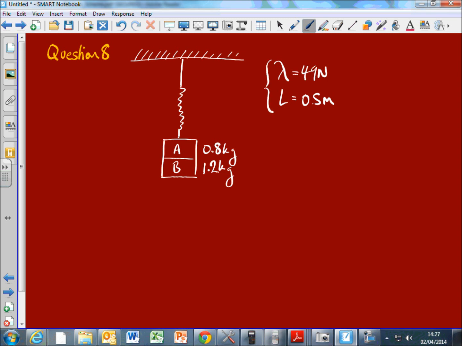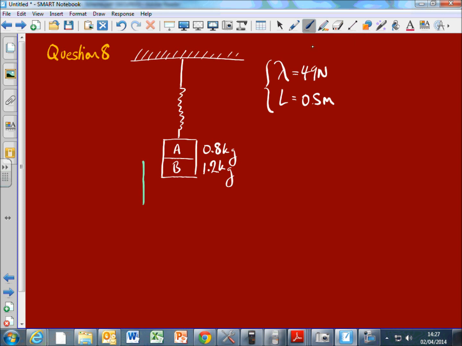Okay, so part A is find the extension of the spring. Well, it's in equilibrium, so there must be a net force of 0. So let me just draw the forces acting on this thing.